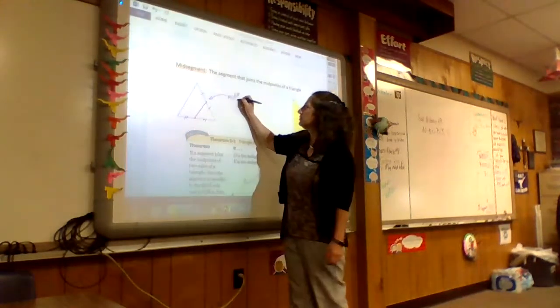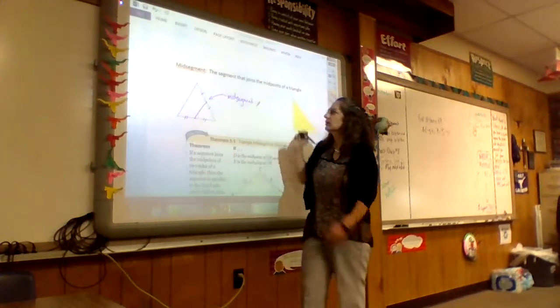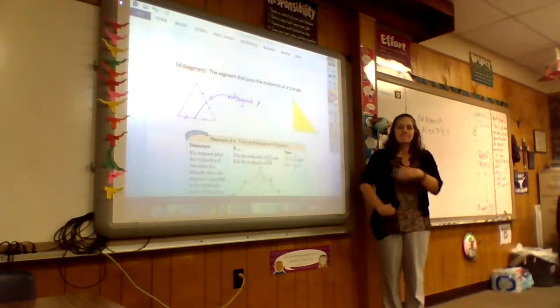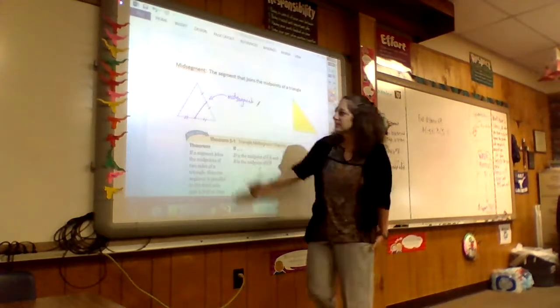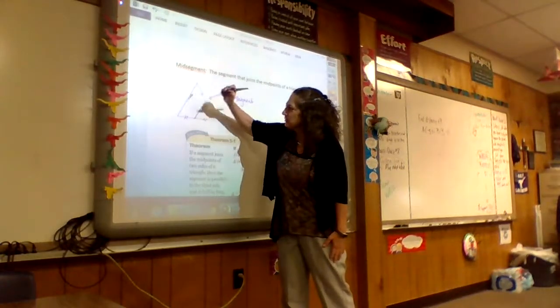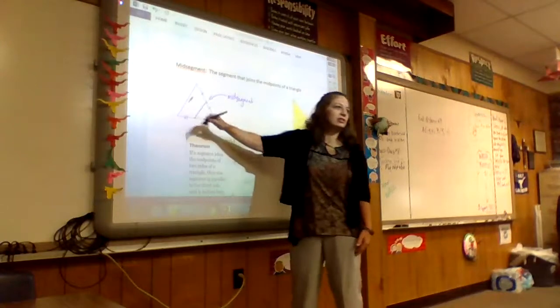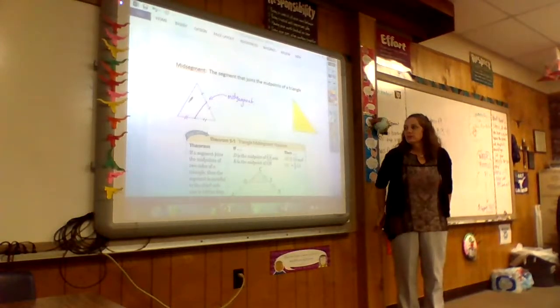Segment in the middle of your triangle. That makes another triangle. And it does make another. And if you connected all three mid-segments, which I'm not going to do because I don't want to confuse you, here's another mid-segment, here's another mid-segment, and you could have a bunch of triangles.